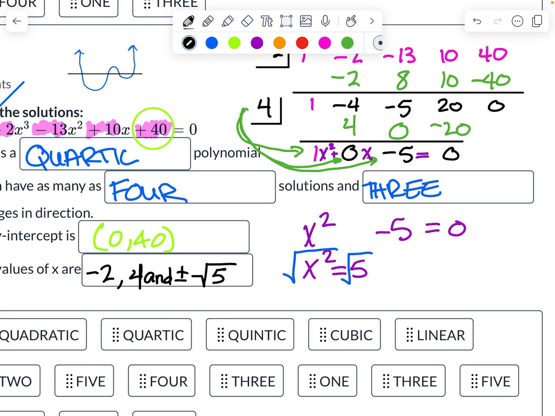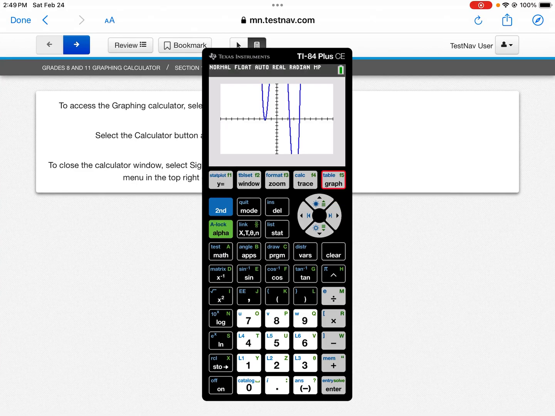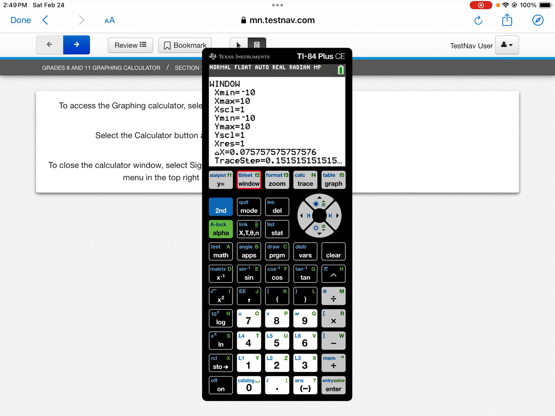So my answers are negative 2, 4, and negative radical 5 and positive radical 5. If you look back at your graph, and we actually blow the graph up so we can see it a little better. I didn't mean to hit that. I meant to hit this.